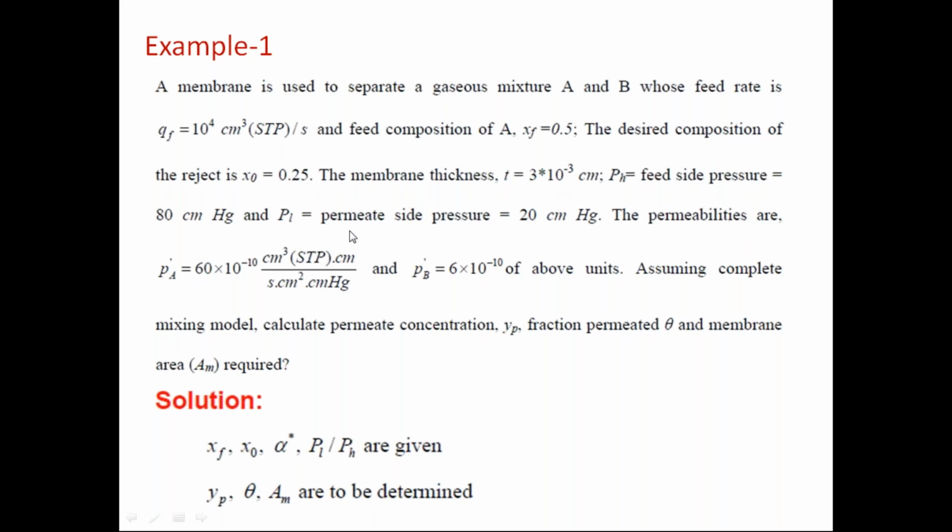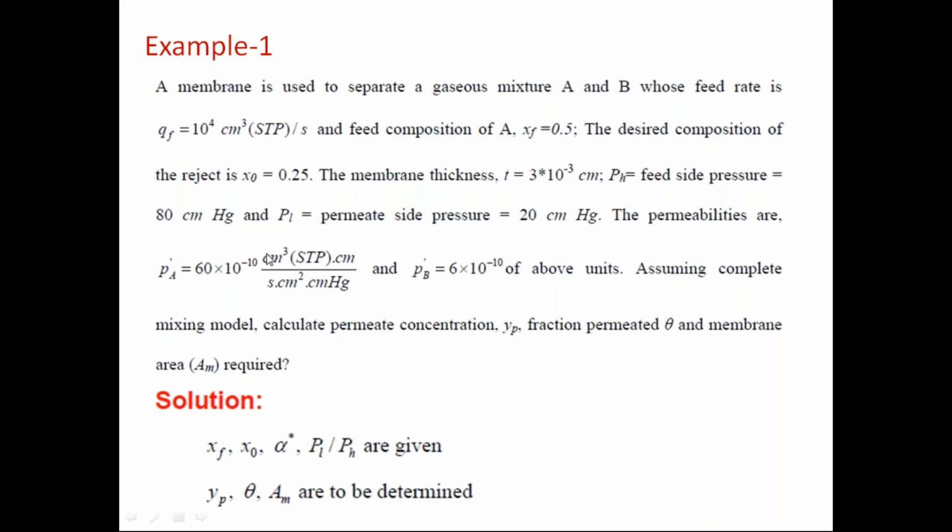Then the permeabilities have the units centimeter cube at these conditions per centimeter. Through a membrane area of a centimeter square, when you have this much pressure difference, this much is possible to pass through the membrane. So that is the unit for the permeability.